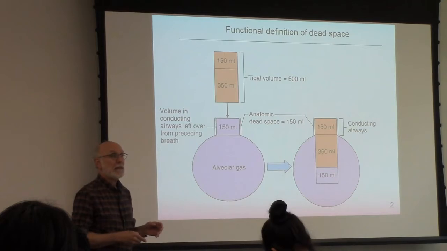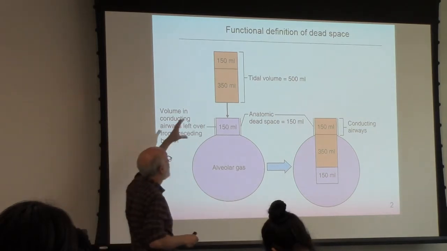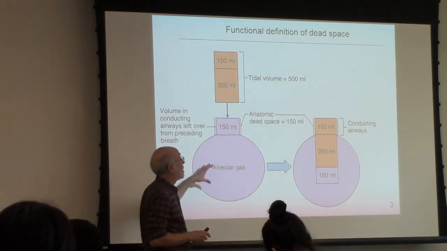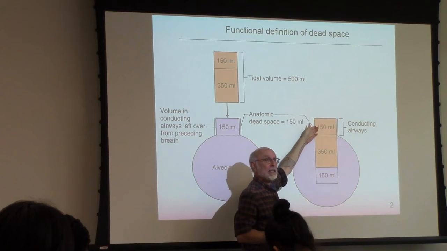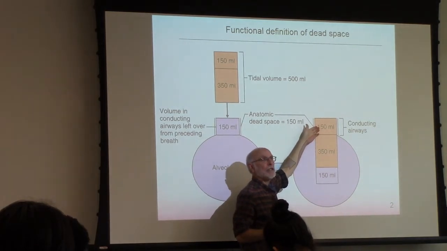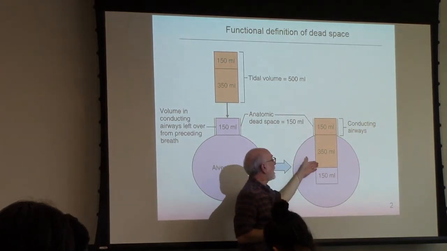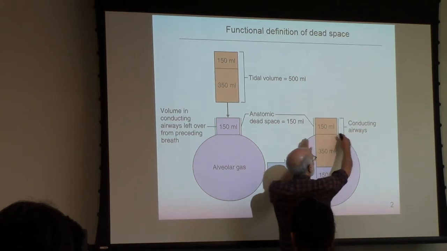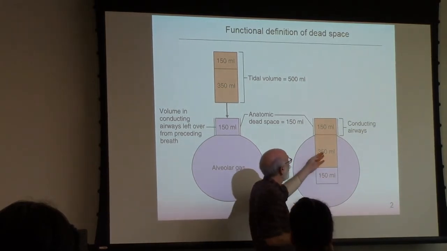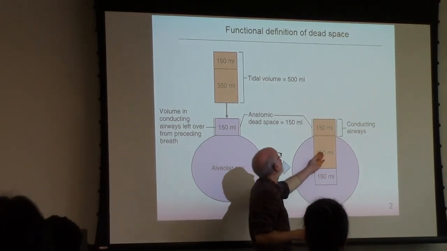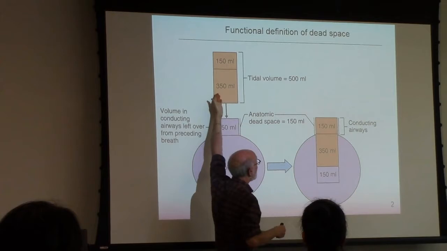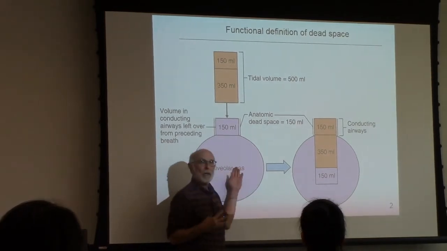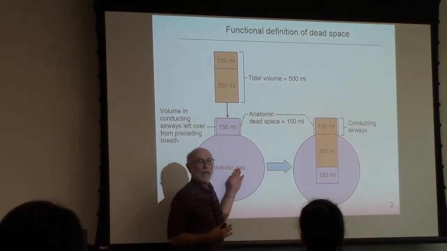But the point is that some of the air that moves in and out of your lungs is in conducting airway and is not functional with regard to gas exchange. This is supposed to be a space where gas exchange happens. These 350 mils are fresh air, and this is the already used air in the lungs.